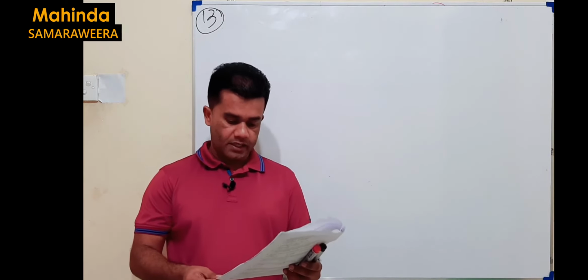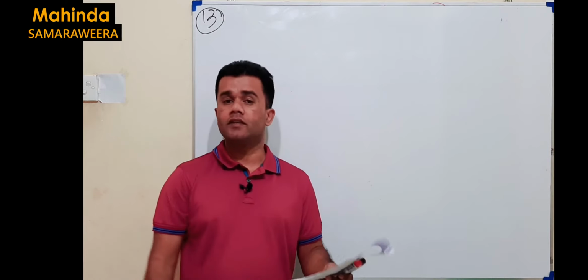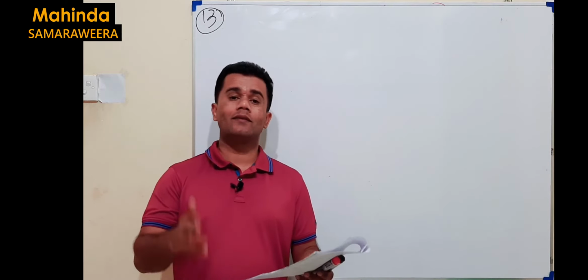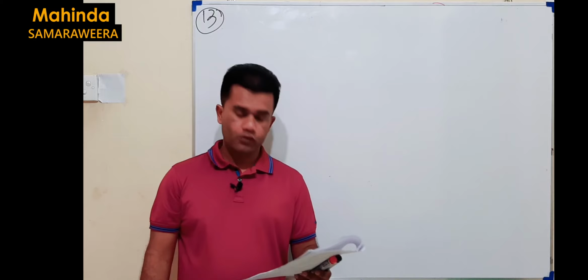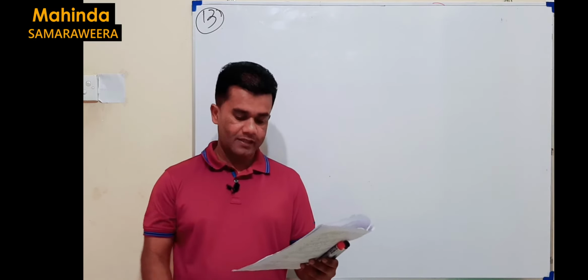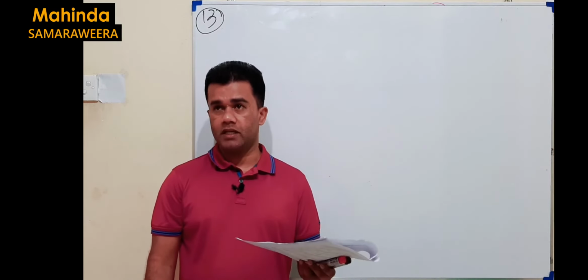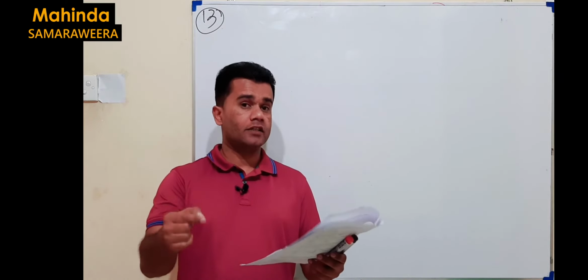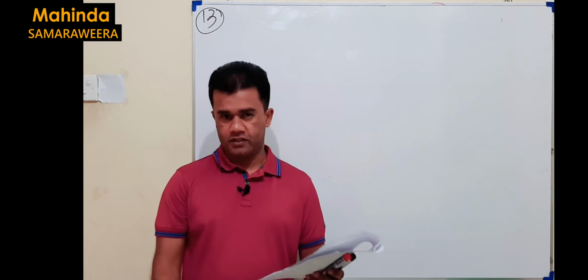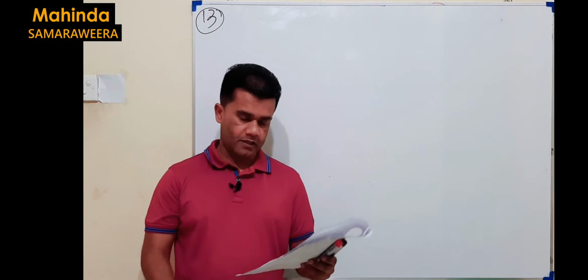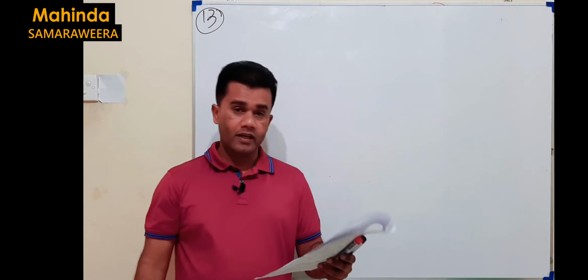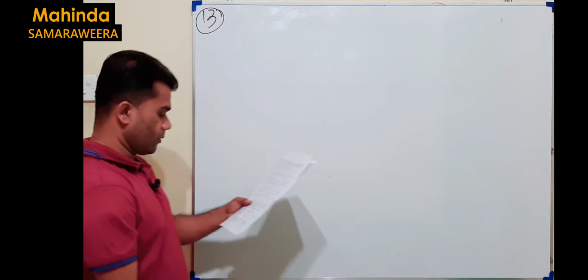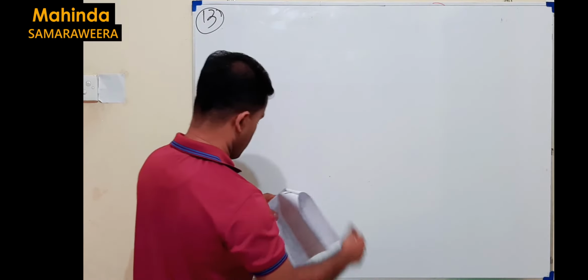Actually, in this particular case, 330 should be 331. Bond dissociation enthalpy of the carbon-carbon single bond is given as 330, but it should be 331. So you can have the answer again because of this data problem. But I will explain how to get the answer for this. During the polymerization of ethene, polythene is formed.